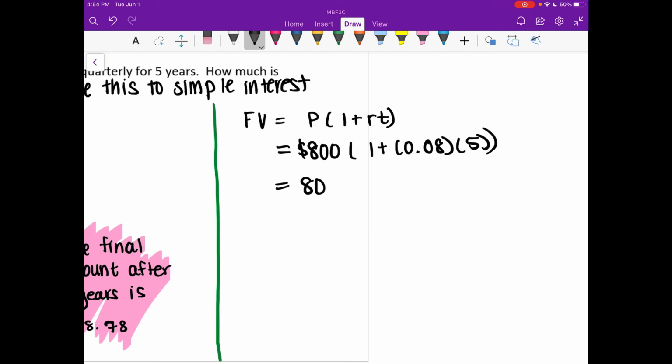So I'm left with 800 times (1 plus 0.08 times 5). 0.08 times 5 is going to give me 0.4. Add 1. 800 times 1.4.